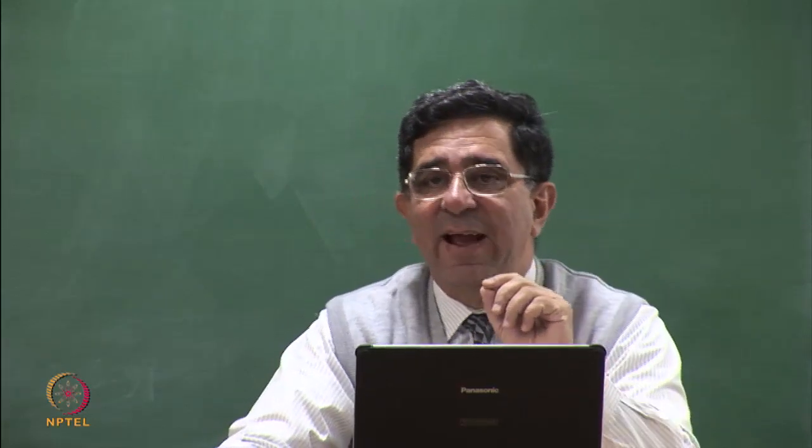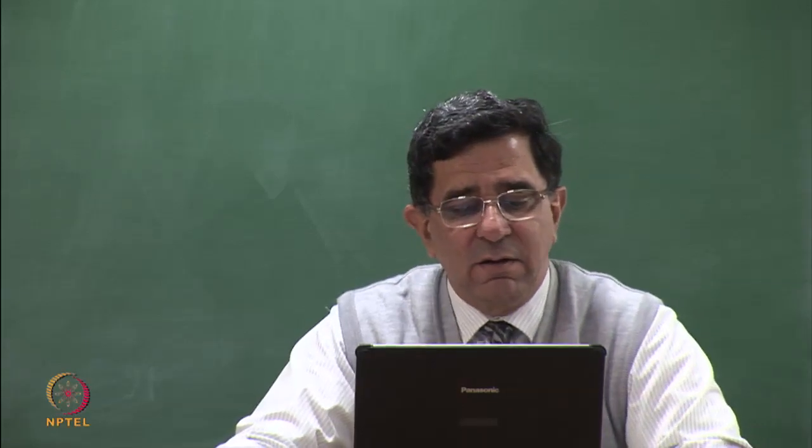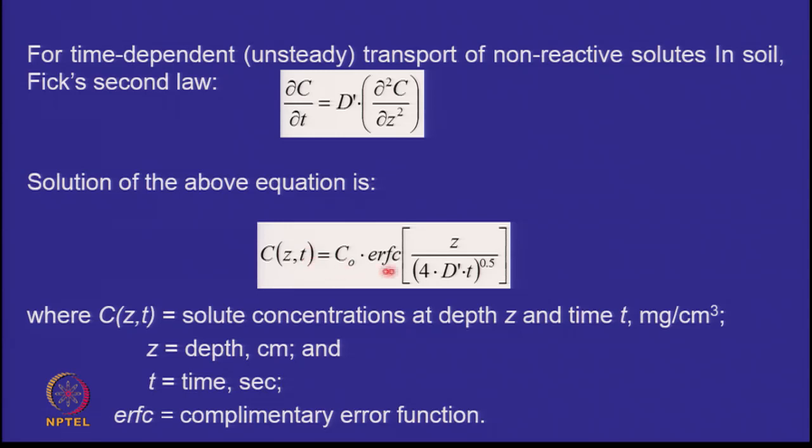If I say the time at 0 time, after 1 year, after 2 years, then z is 45 centimeters, t is the time, D dash is given to me, so I can compute this value, right? Once you compute this value, you can find Cz as a function of C naught.